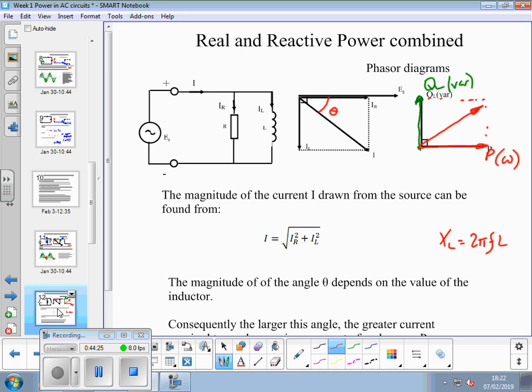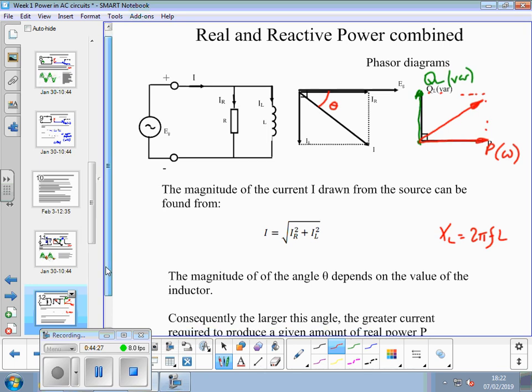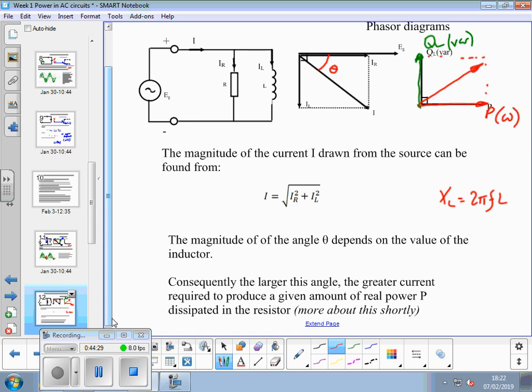Consequently, the larger this angle is, the greater the current required to produce a given amount of real power. So all this altering of XL doesn't affect P at all. That is fixed by the resistance value, and it doesn't change.